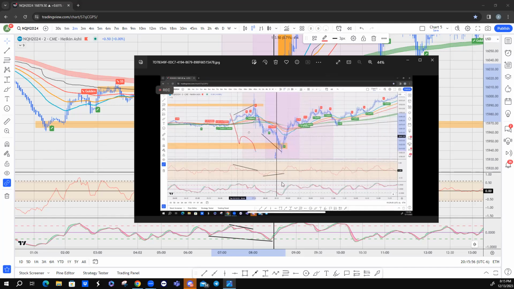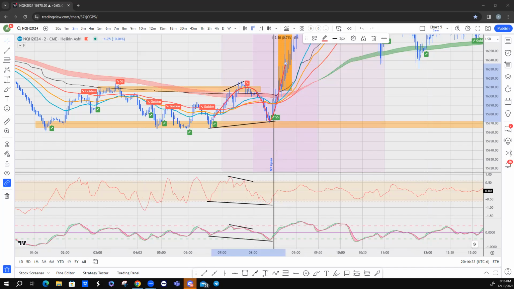This is why I use both of these things. In this case, on the ultimate oscillator, price is making a higher high, and that's the divergence right here. On the TSI, it's making a lower low, just like price is, so that would be the void. But since one is giving me the divergence, that's good enough for me to take that divergence trade. If it's showing on both, that's double confirmation, which is great, but you don't need to have both of them. So I hope that answers that question.